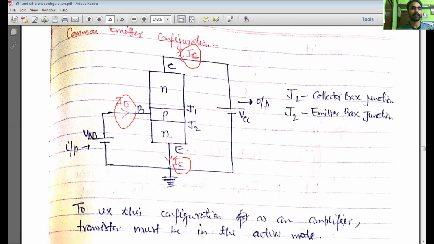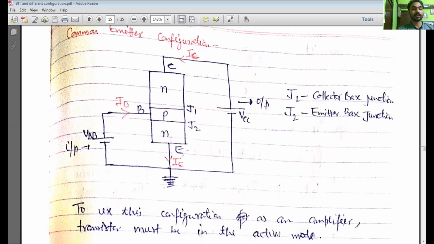The current comes out from the emitter end and enters from the base and collector end, and that's why we have the current equation IE equals IB plus IC. The same theory will work here also. We don't have to take anything extra, just add to the information we have from the past. The emitter is made common and everything else carries over. Current is coming out from the emitter, and current is coming in from the base end and from the collector.